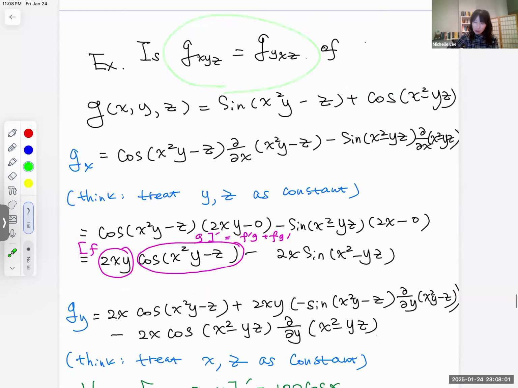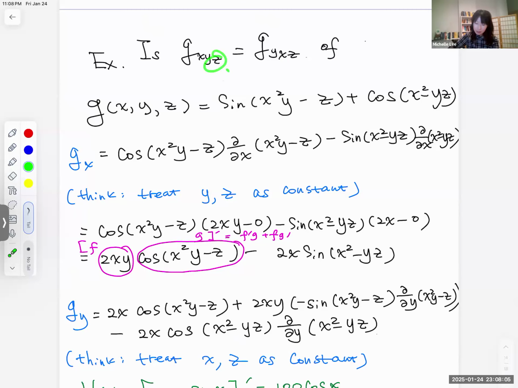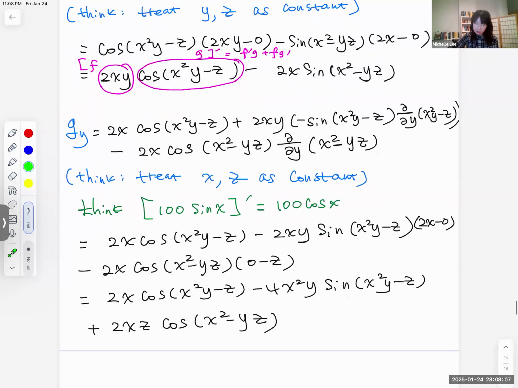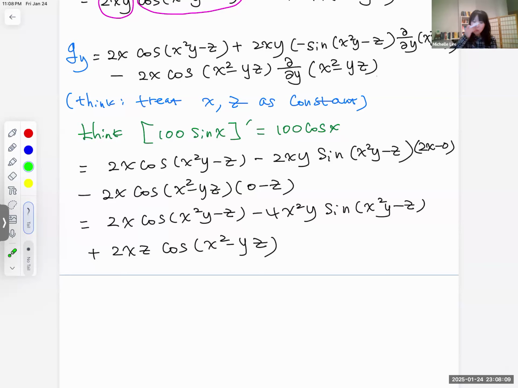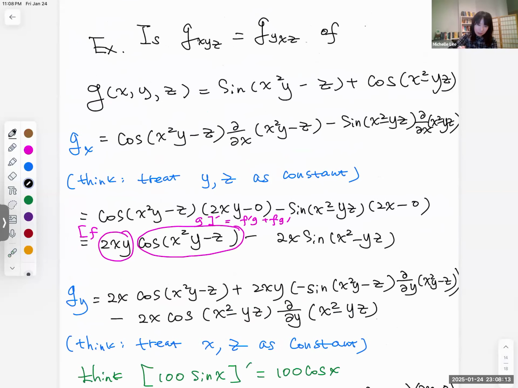All right, so let's do the third one. Oh no, I made a mistake. Sorry about that. This will be xy, right?